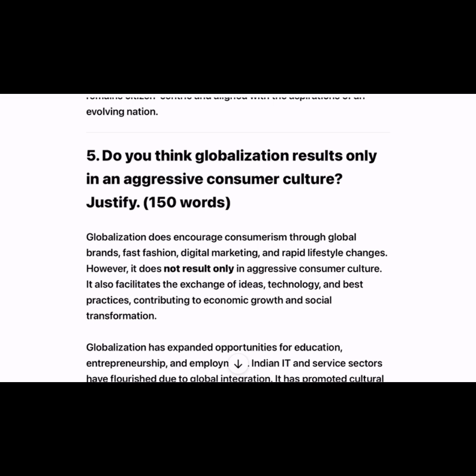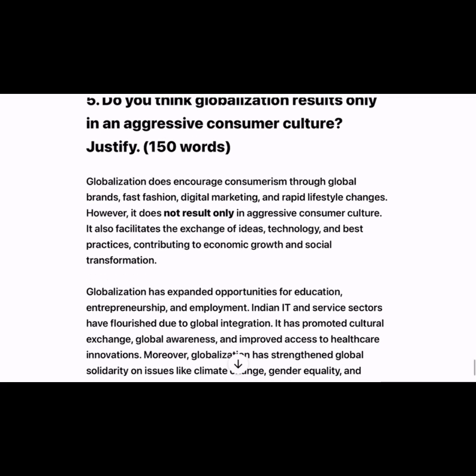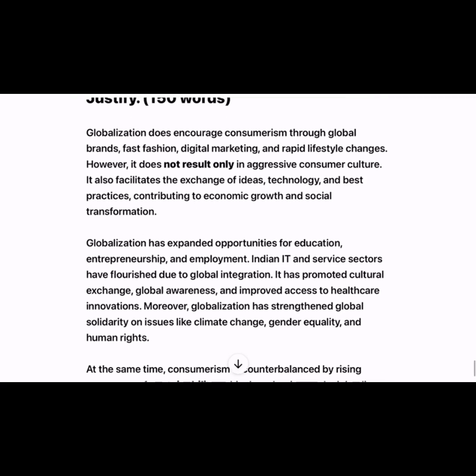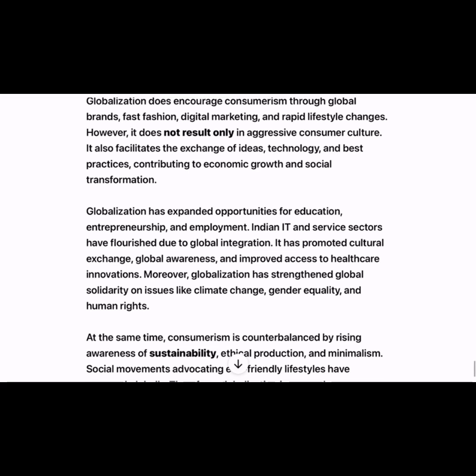It also facilitates the exchange of ideas, technology, and best practices, contributing to economic growth and social transformation. Globalization has expanded opportunities for education, entrepreneurship, and employment. Indian IT and service sectors have flourished due to global integration. It has promoted cultural exchange, global awareness, and improved access to healthcare innovations.